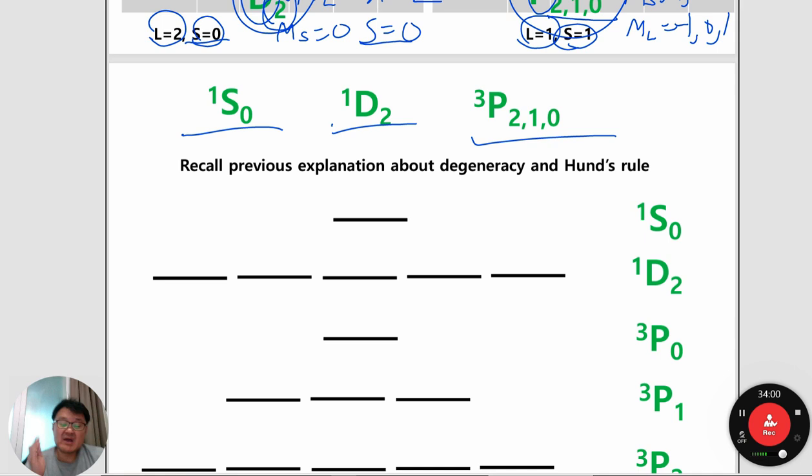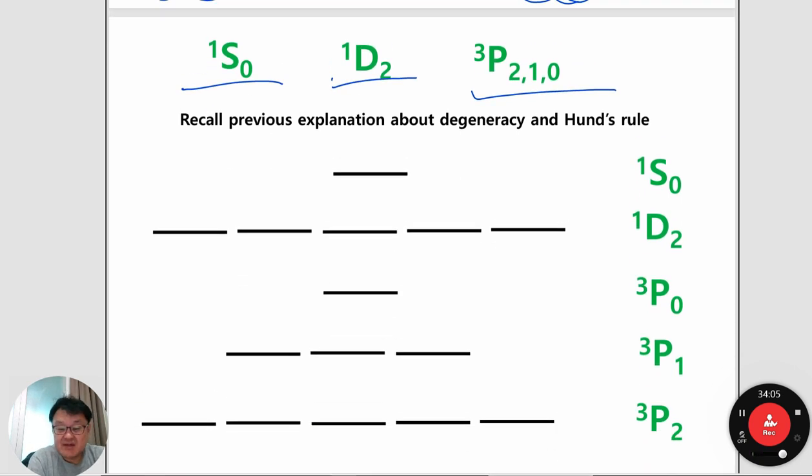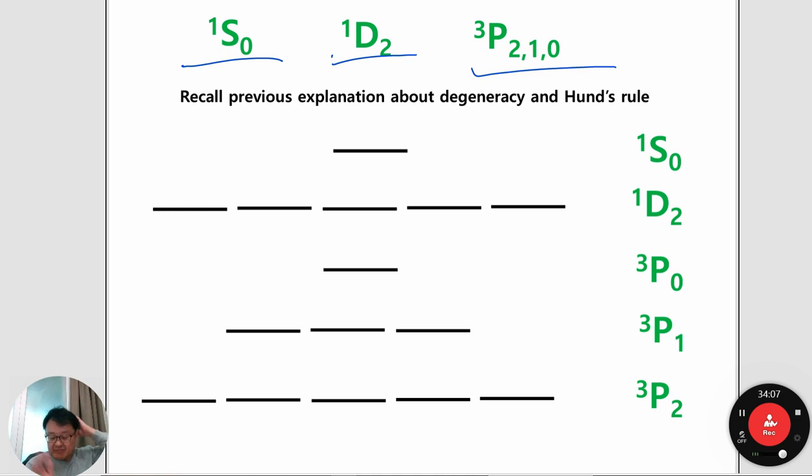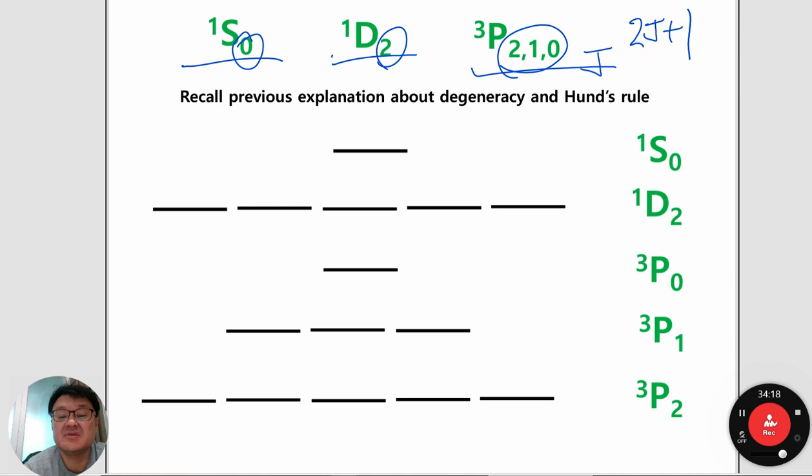Now, we have to determine which one is more stable and which one is less stable in energy. Before going into the energy, we have to first decide the degeneracy. So these are J values, okay? Then we have 2J plus 1 degeneracy.